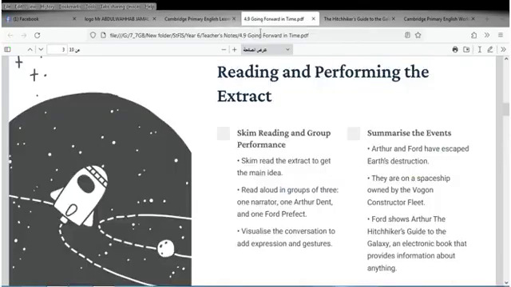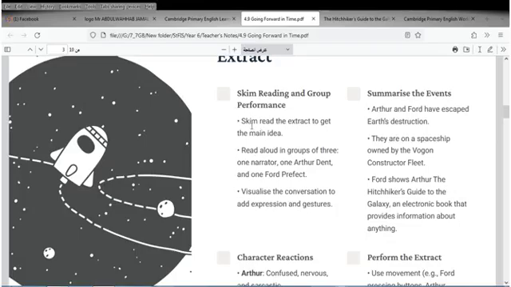I wanted now to explain the text or to analyze it. So skim read and group performance. If you wish to skim read, which means to read fast, and then to scan, which means to search for the keywords. You have to read aloud in groups of three.